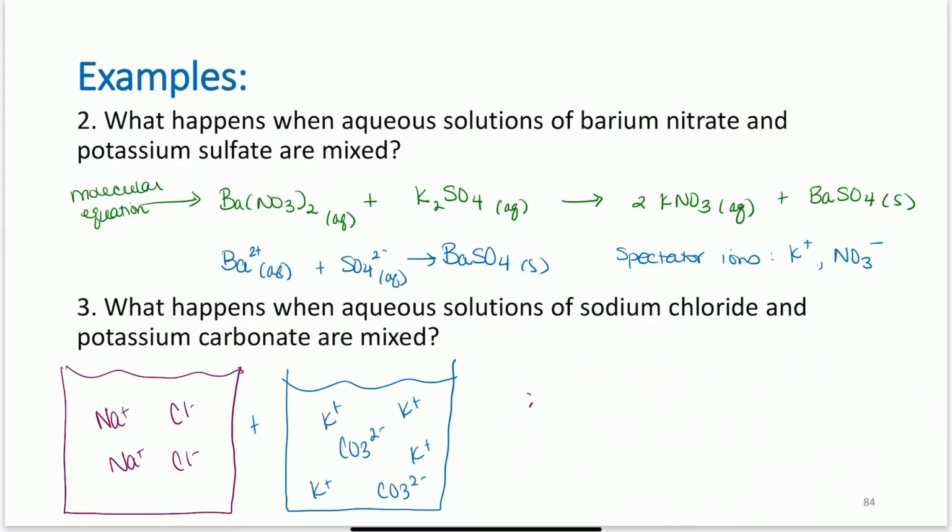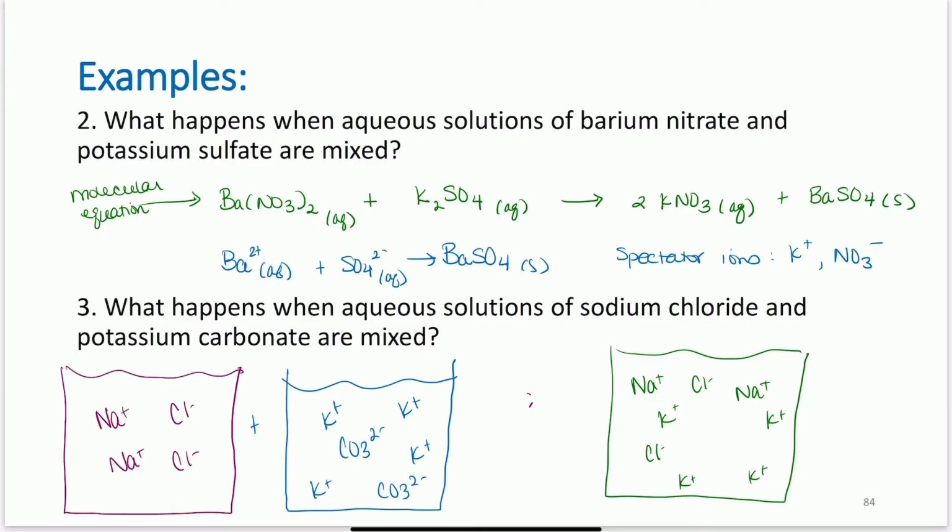When we mix these together, we're going to have sodium ions, chloride ions, potassium ions, and carbonate ions floating around. None of them care. None of them are going to form any sort of precipitate. So we call this a no reaction because nothing forms. So your solubility rules can tell you what's forming or sometimes that nothing's forming.